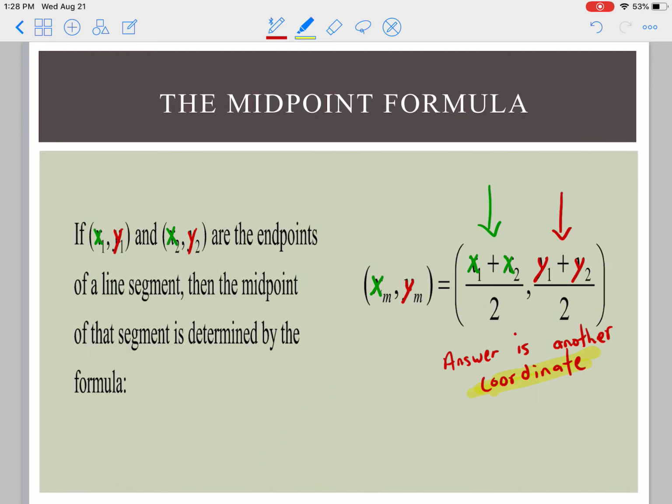So look at the definition now. If we have a coordinate and a second coordinate, and they're endpoints of a line segment, then the midpoint, the middle point, is determined by the midpoint formula. So you're going to take your x values, add them, divide by 2. You're going to take your y values, add them, divide by 2.